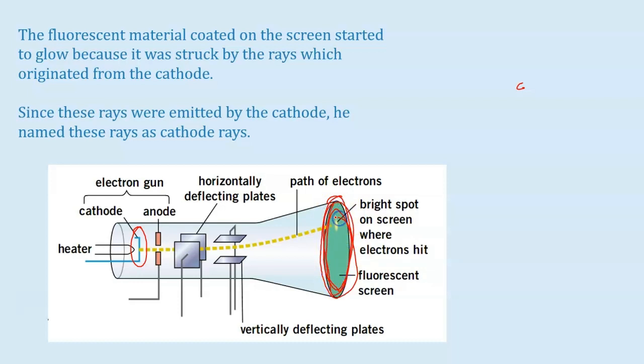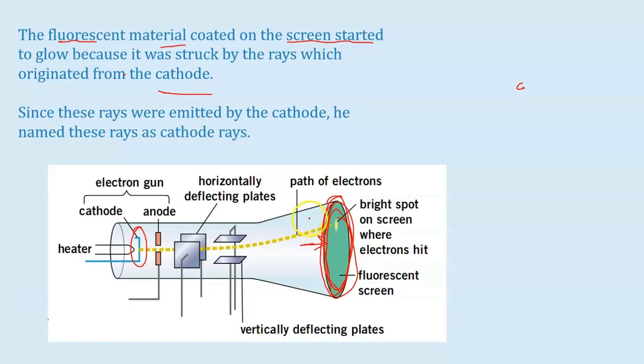By that glow we can say that some particles have traveled from the cathode. The fluorescent material coated on the screen started to glow because it was struck by the rays which originated from the cathode.